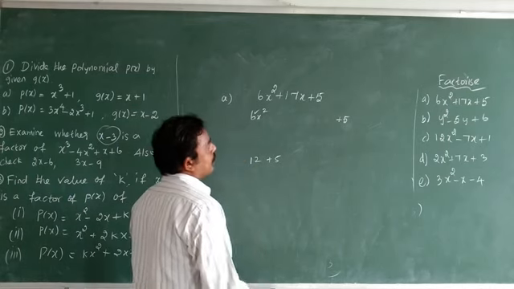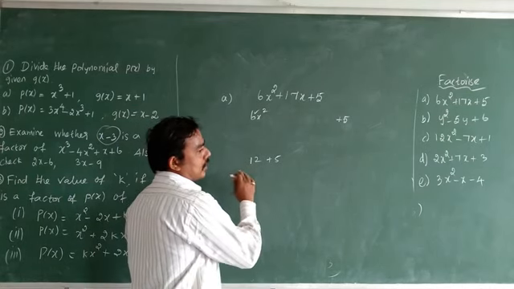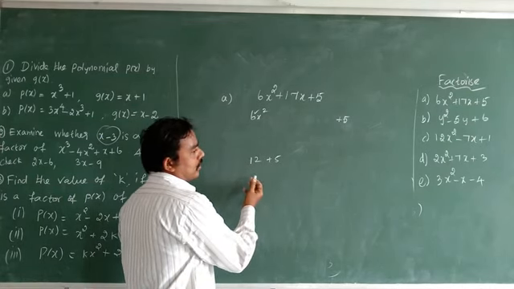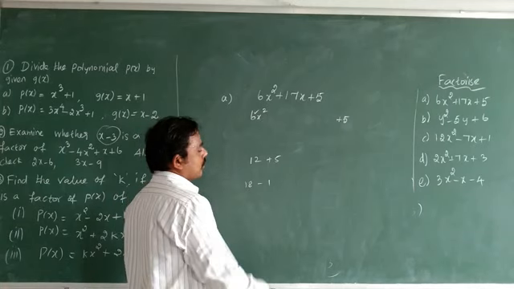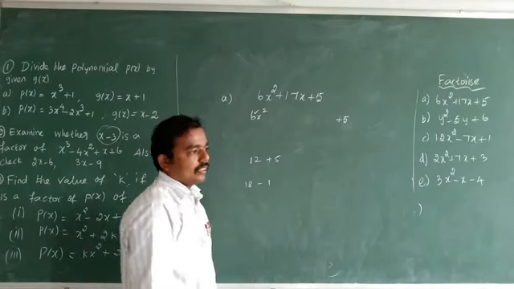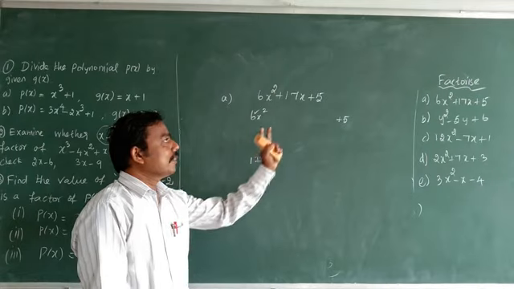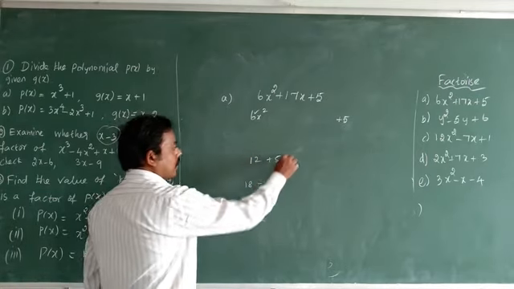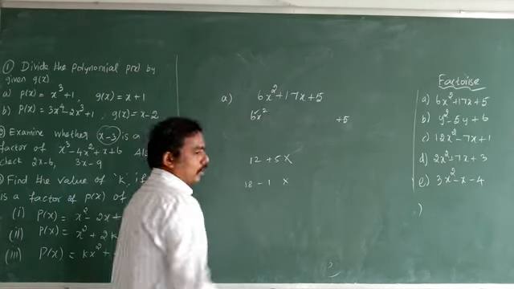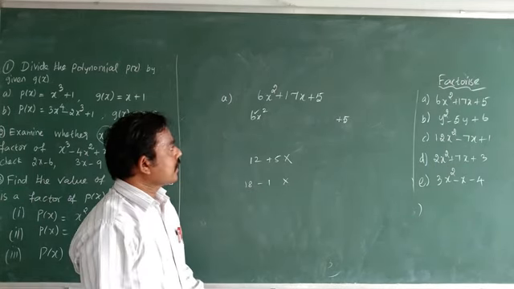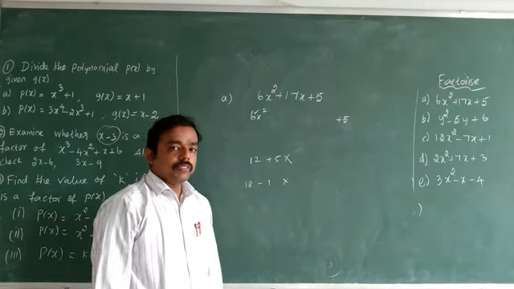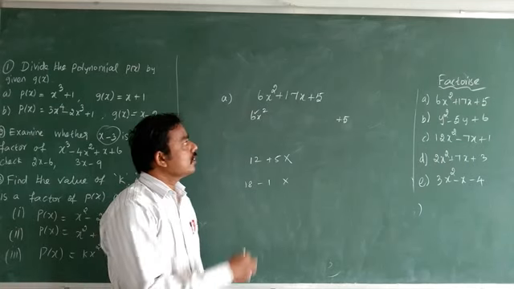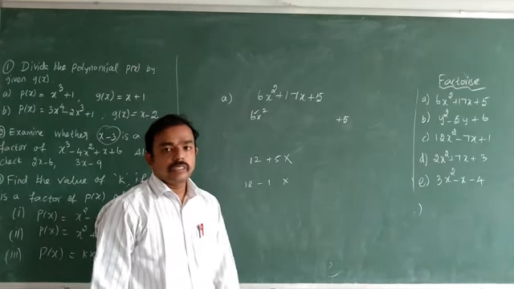The next multiple of 6: 18 minus 1 gives 17. 18 okay, but here on the right side I have negative and positive, so not possible. This is also not possible. Next, multiple of 6 and multiple of 5.